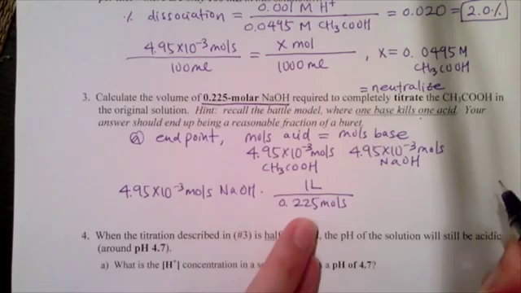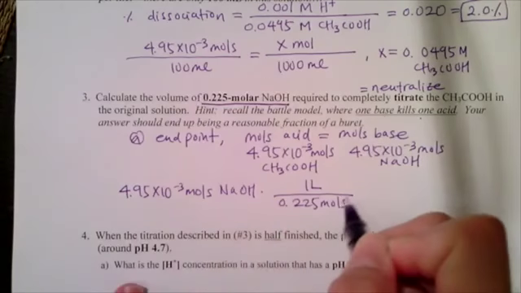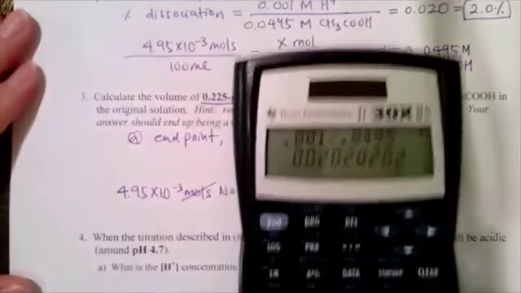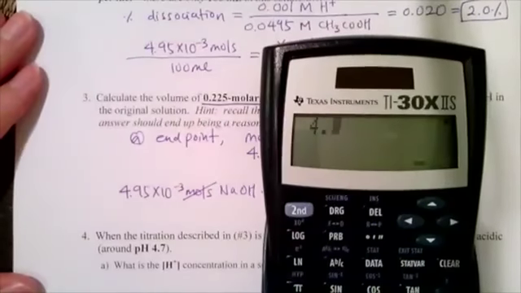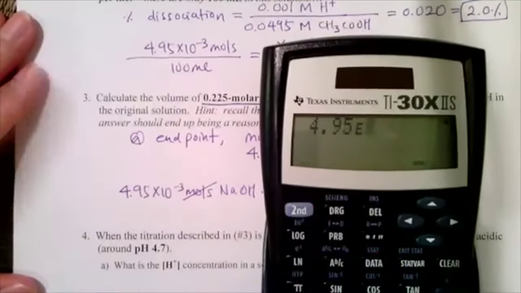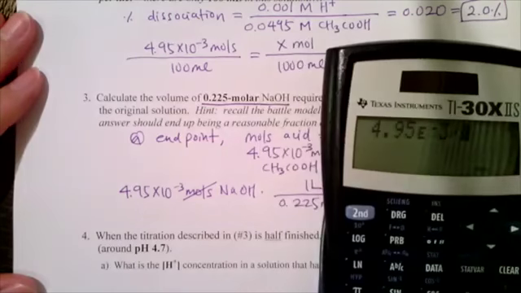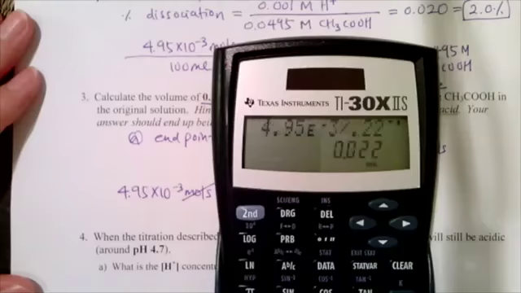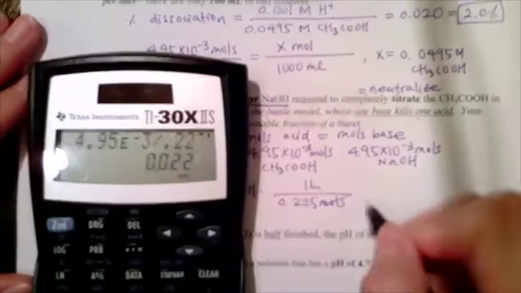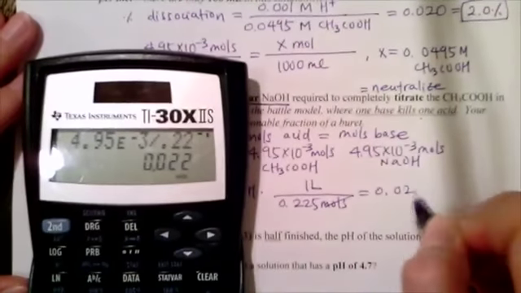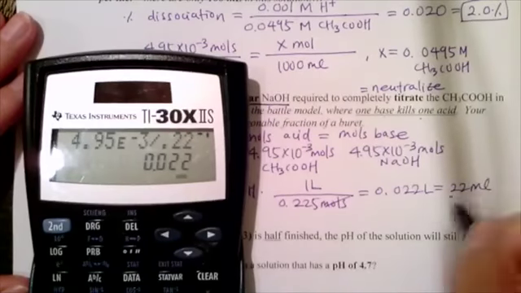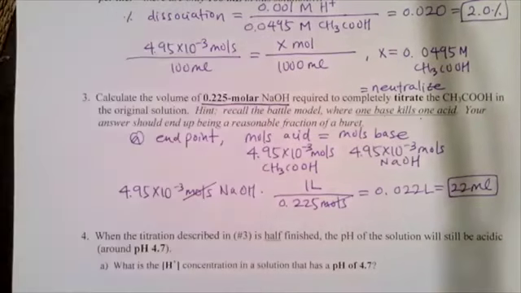That's the definition of molarity. And now when I multiply these two numbers, moles cancel out. So I can just type this as 4.95 times 10 to the negative 3 divided by 0.225. So I get 0.022 liters, which is the same thing as just 22 milliliters. That's the answer for number 3.